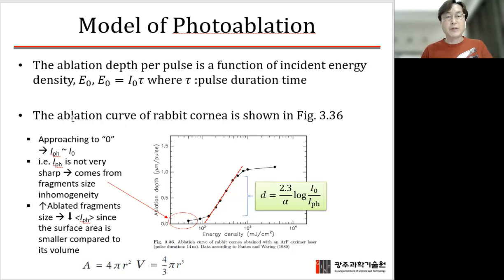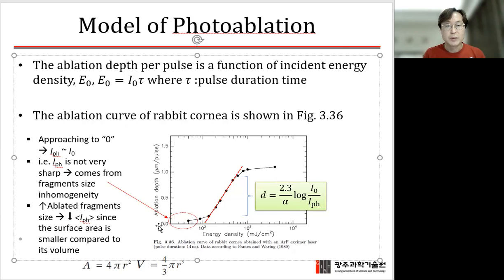If you look at the ablation curve of the rabbit cornea, it can be seen in figure 3.36. As you see the increase of the energy density on the x-axis, the ablation depth also increases. And the ablation depth here is shown in micrometers per pulse.